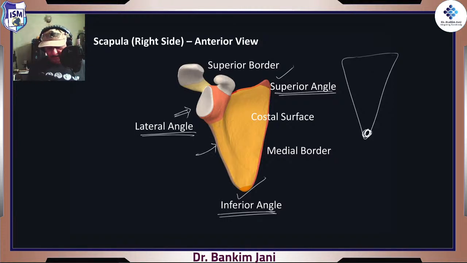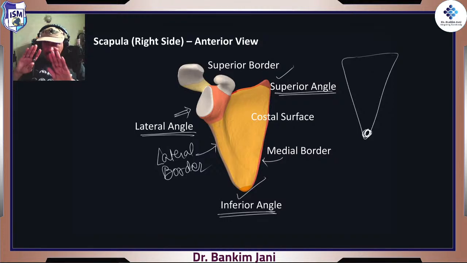This is the lateral border, right? Lateral border. So here it would be the medial border. As the scapula is arranged like this, in the back of the body, we'll call this border the superior border.